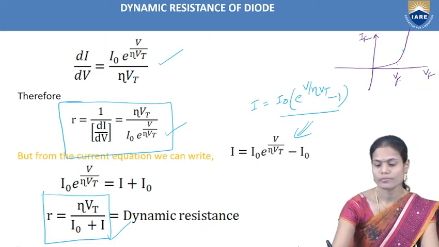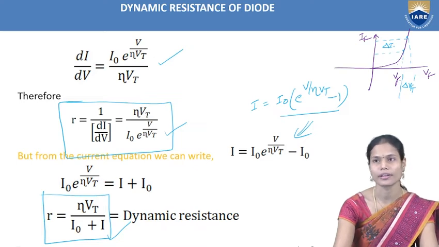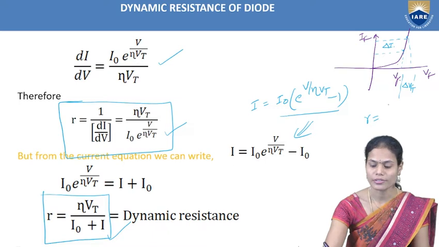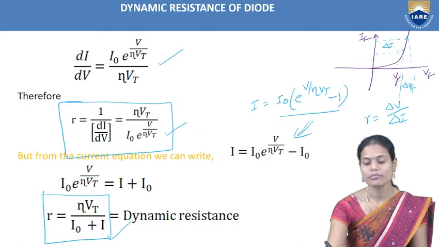I'm considering 2 points on the forward curve. This variation gives the variation of the forward voltage, del VF or del V, and the corresponding change in the current we represent with del IF. This will give the resistance, V by I, that is del V by del I. From this curve we can take two values.